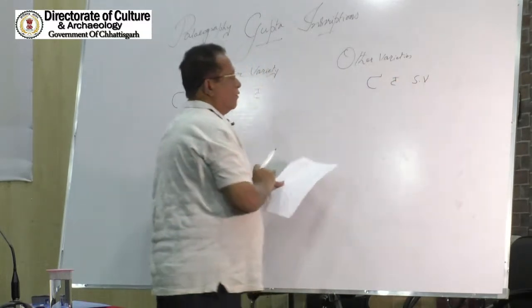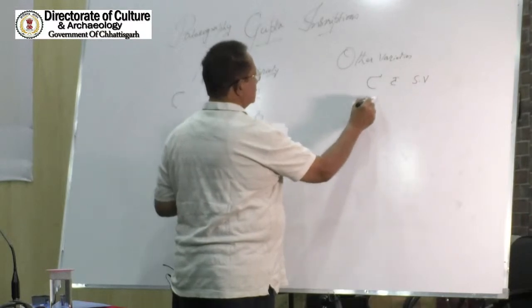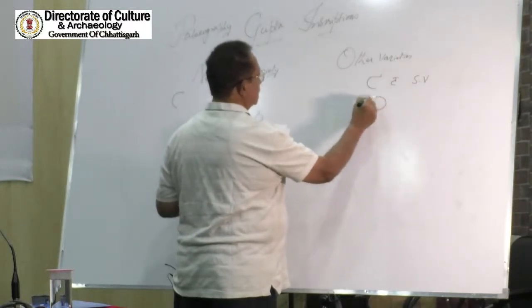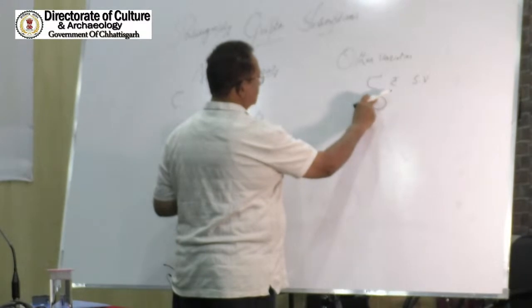So where I am writing SV is southern variety. And of course this doesn't undergo change again. Tha. Remember, no head mark, the Gupta.